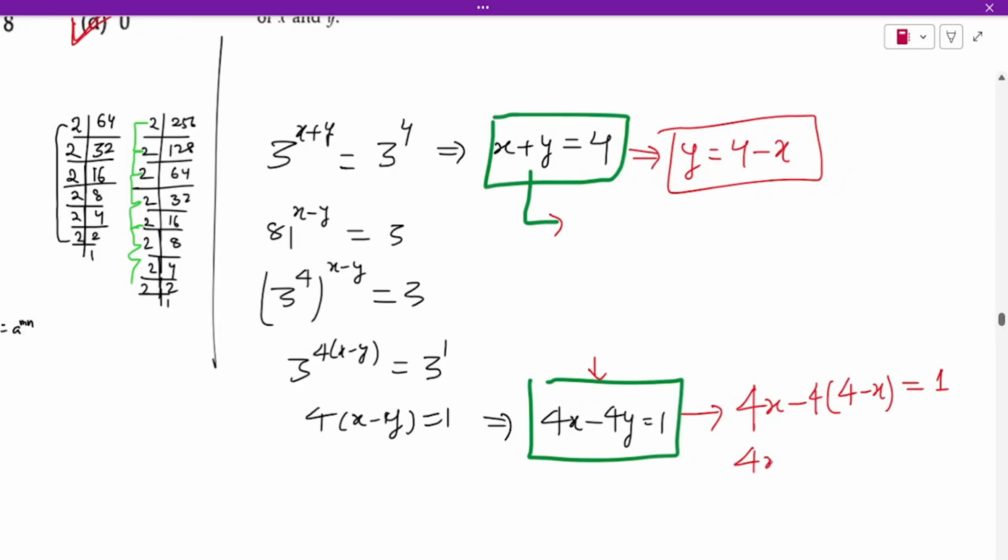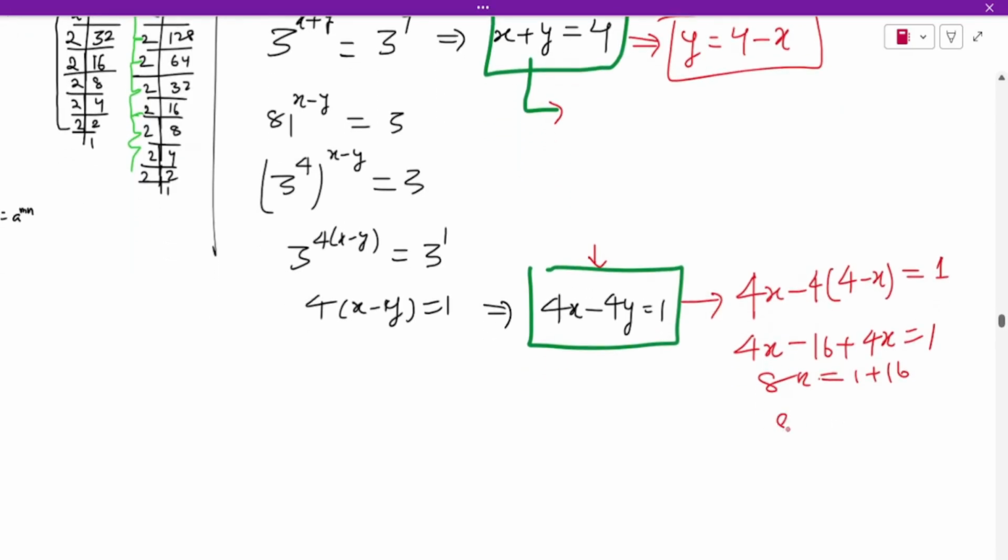So just expand it: 4x minus 4 into 4 is minus 16, and minus minus makes plus 4x, so 8x minus 16 is equal to 1. The 16 goes to the right as plus, so 1 plus 16. So 8x is equal to 17, it means x is equal to 17 over 8.